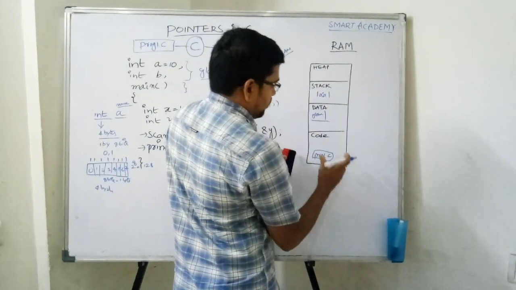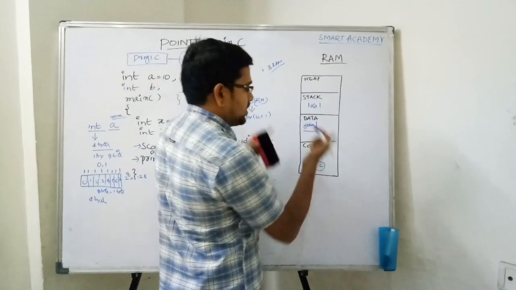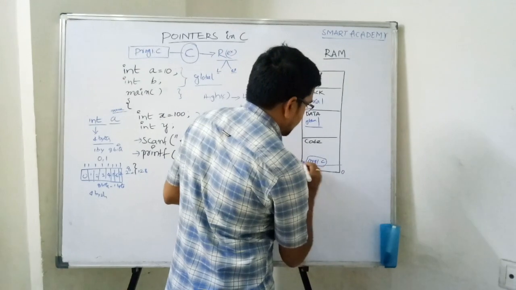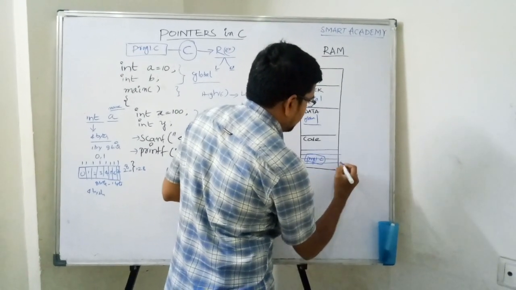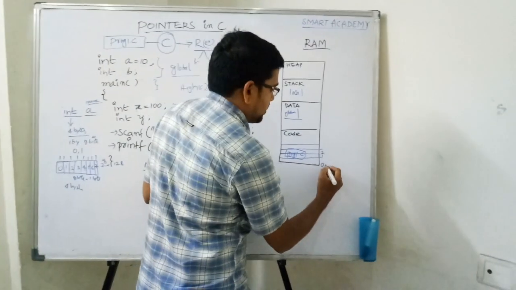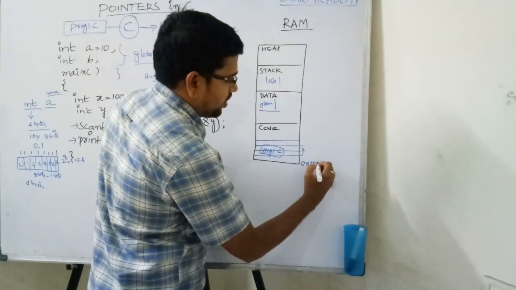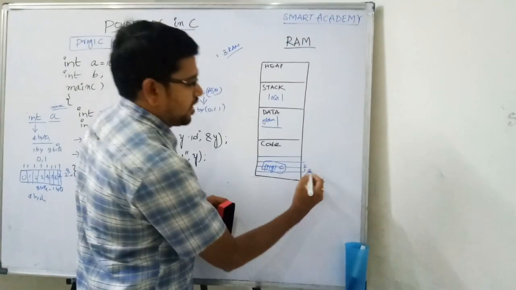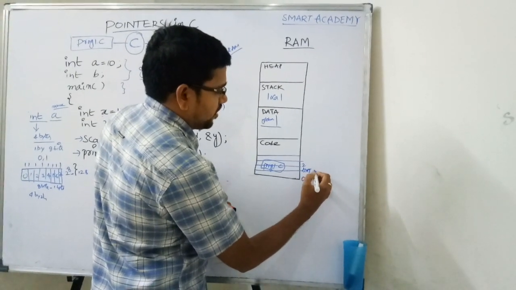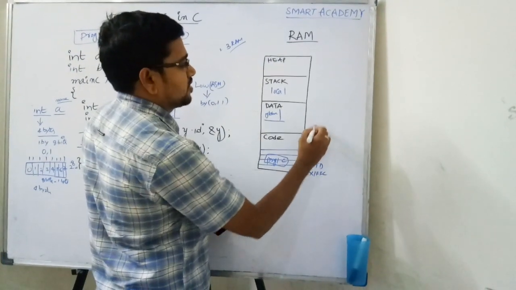My RAM will look like this, and it is in terms of addresses. Let's say the address starts at 0. It is divided into address 0, 1, 2. Usually addresses will be in hex, something like 0x1ff or ffc, and after c, this is d. So it goes like this.